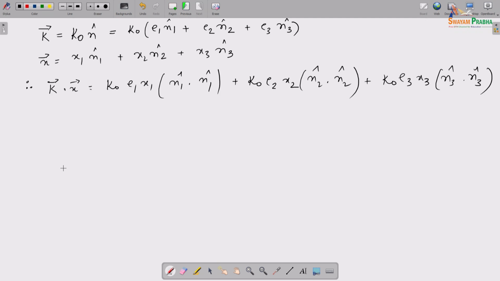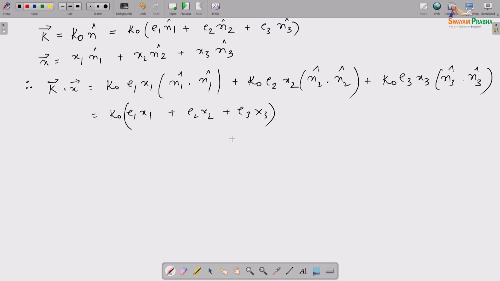Of course this is 0, cos 0 is 1, so this turns out to be k naught E1 x1 plus E2 x2 plus E3 x3.